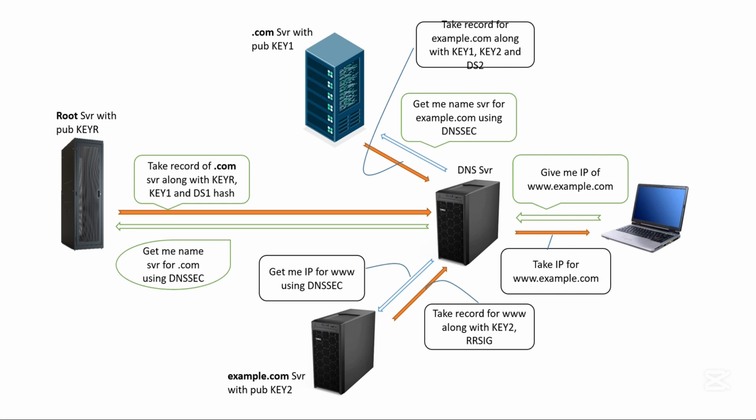The validation starts with the record and checking the RRSIG, validates that, then uses the DS to validate the keys for the authoritative name server for example.com, then validates the key for the top level domain .com, then finally validates the key for the root. If all checks out well, it now serves the IP to the client, and that concludes the cycle. The client can now use the IP to directly connect to the requested resource on the internet.